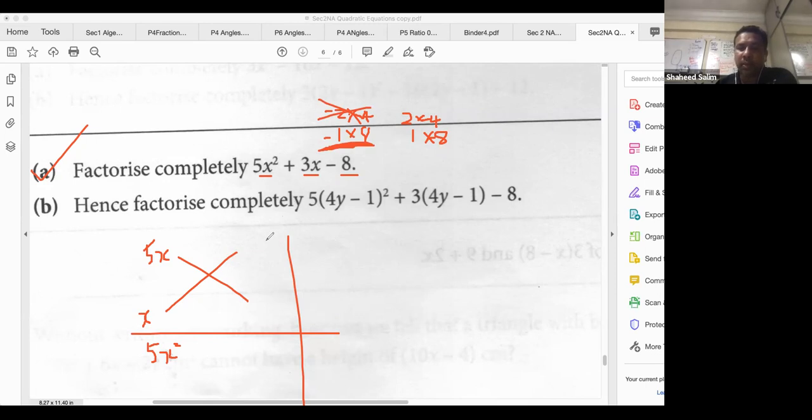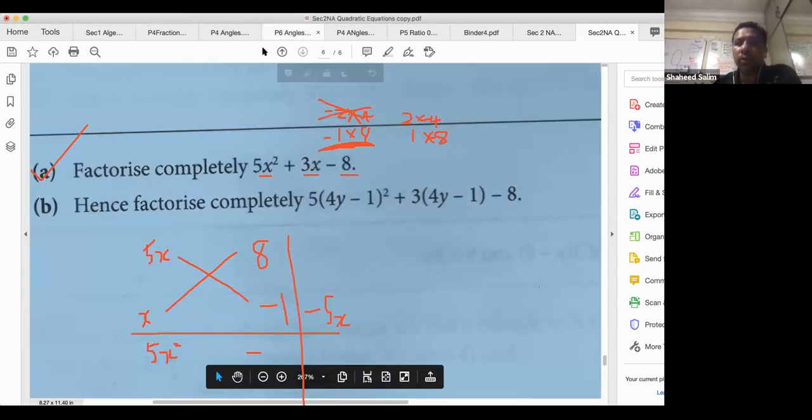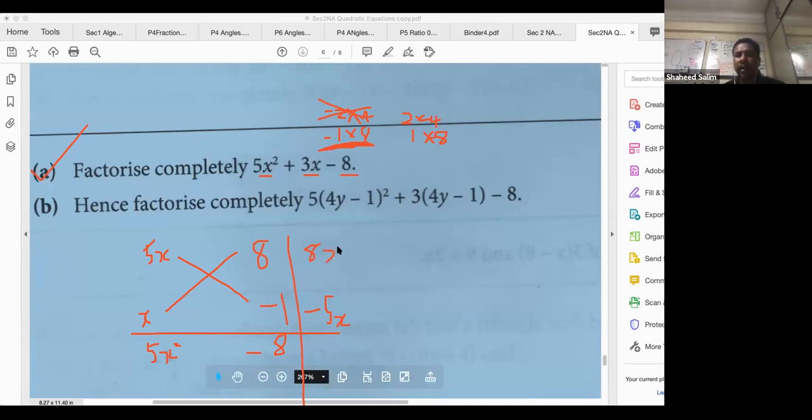Well, let's see. We put 8 and minus 1. 5x times minus 1 is minus 5x. Answer minus 8. X times 8 is 8x. 8x minus 5x is 3x.